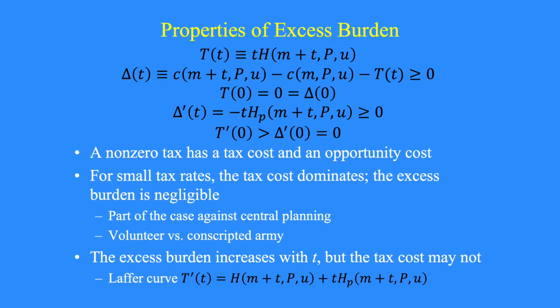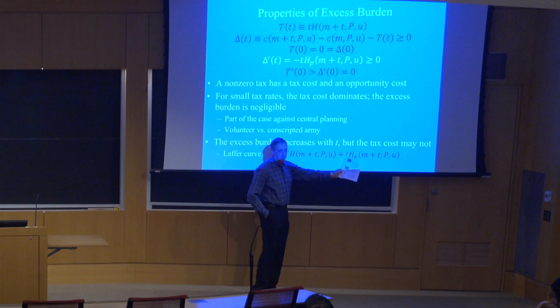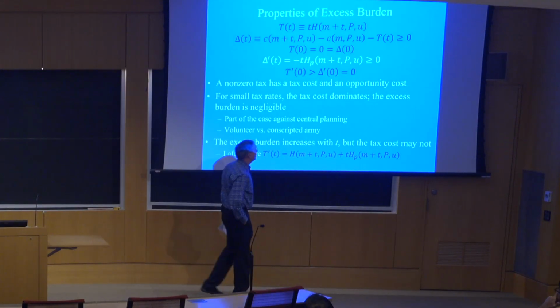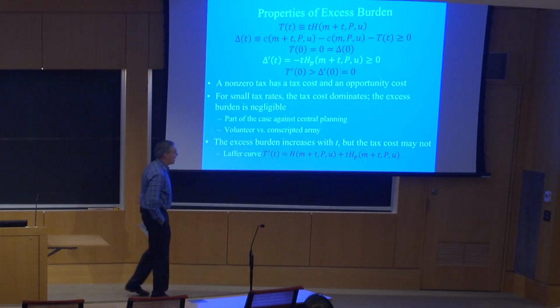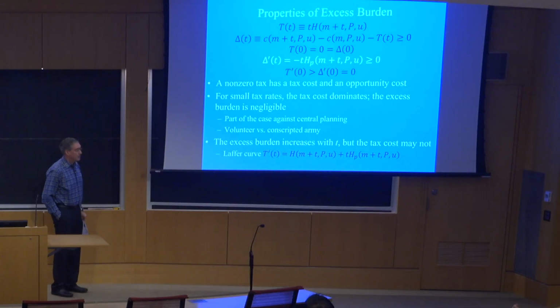And that's the mirror of the excess burden. I've highlighted in yellow there, the marginal excess burden is one of the terms in the revenue, the Laffer curve slope. It's the static revenue effect plus, or I should say minus the marginal excess burden, because it's a negative effect.